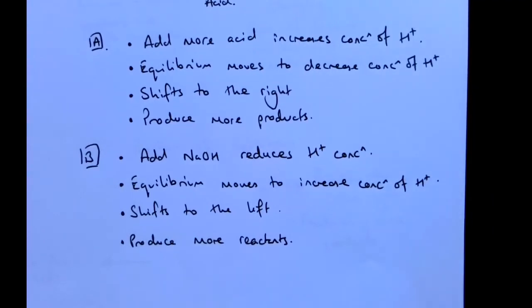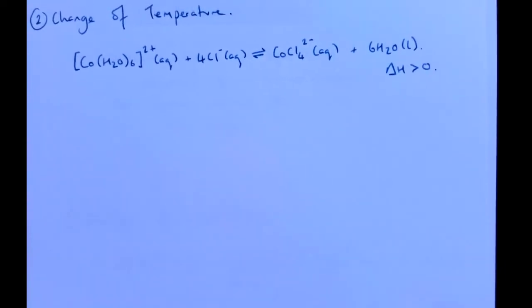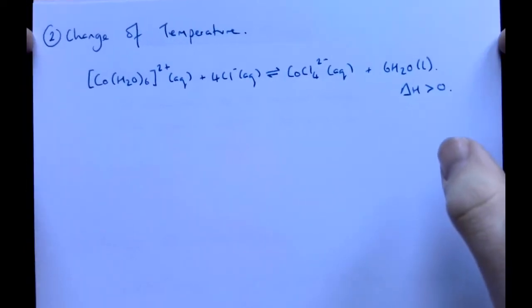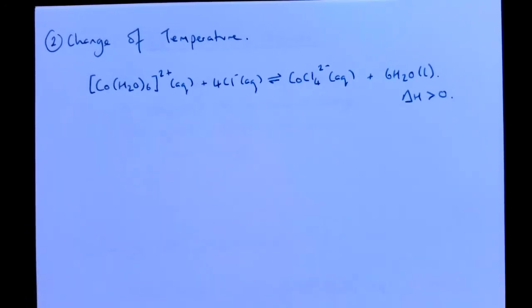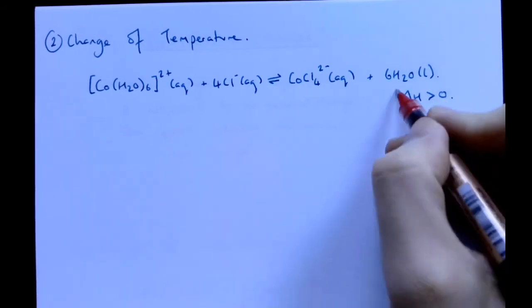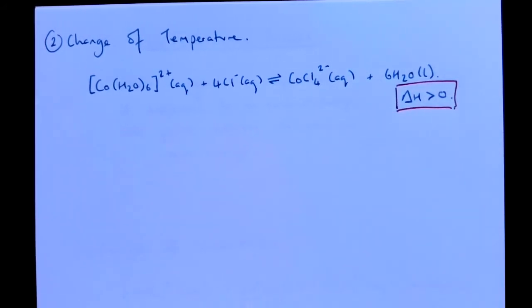Okay, right, let's go on to change number 2. Change number 2 is a change of temperature, and you should have seen this equation when you were reading the textbook. The important thing now is that we are looking at this piece of information here.